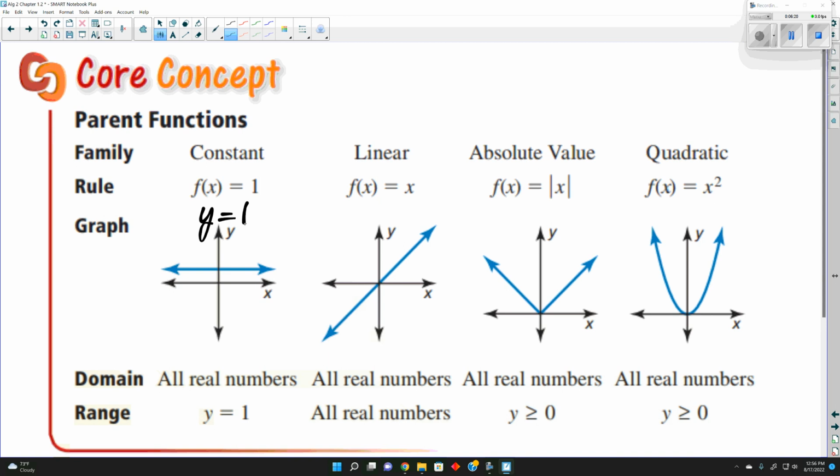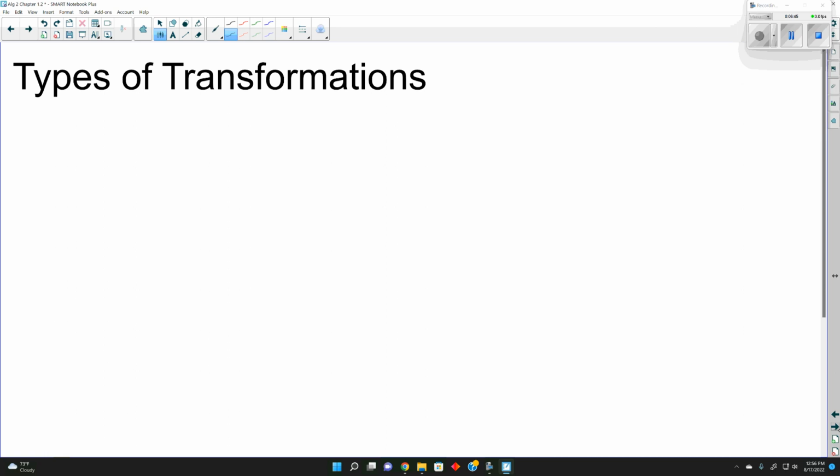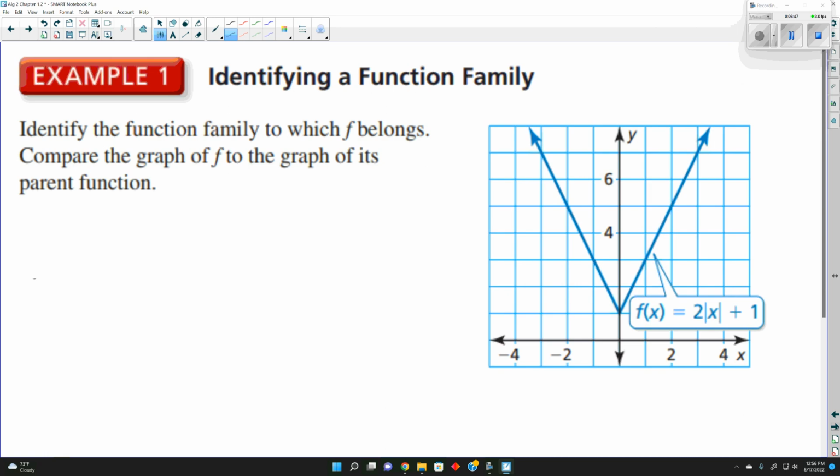We're going to be moving these and relating it back to these here, because for any other function of a linear, absolute value, or quadratic, we're really taking these graphs here that I just circled and moving them and stretching, shrinking, reflecting to get to the new one. And really that's what we'll be looking at today is how do we go from these graphs to those.